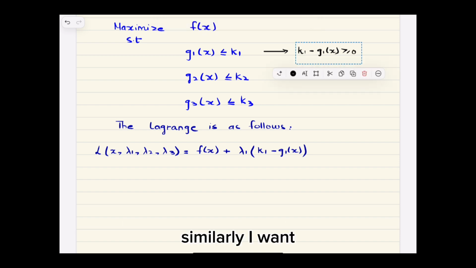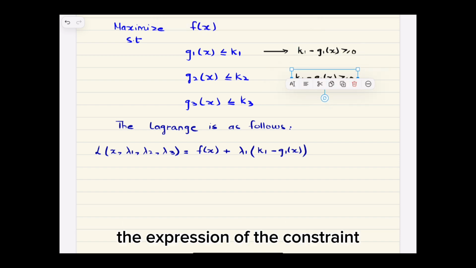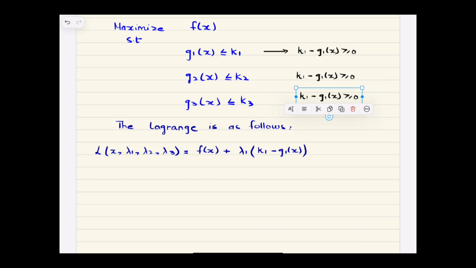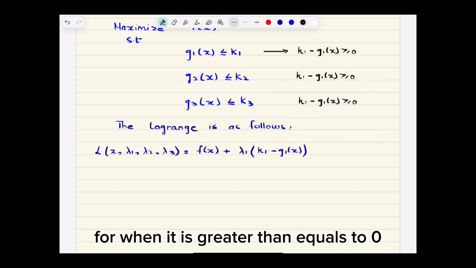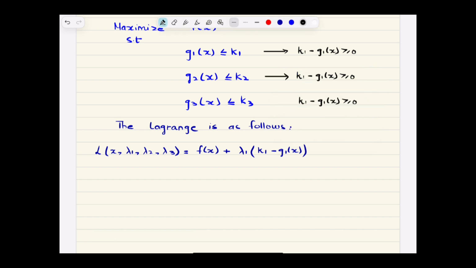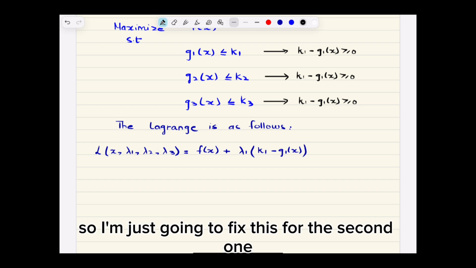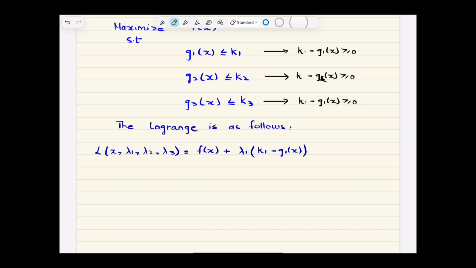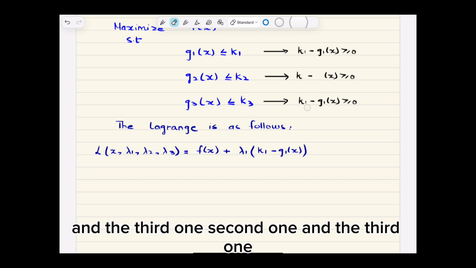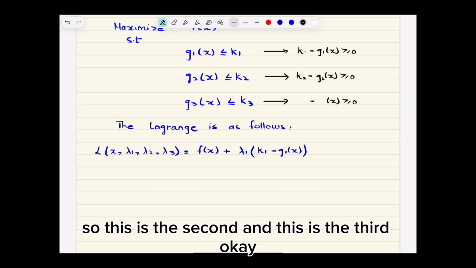Similarly, I want the expression of the constraint for when it is greater than or equal to 0. So I'm just going to fix this for the second one and the third one. So this is the second and this is the third.